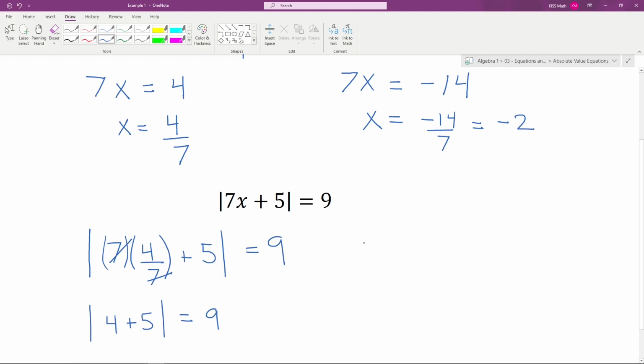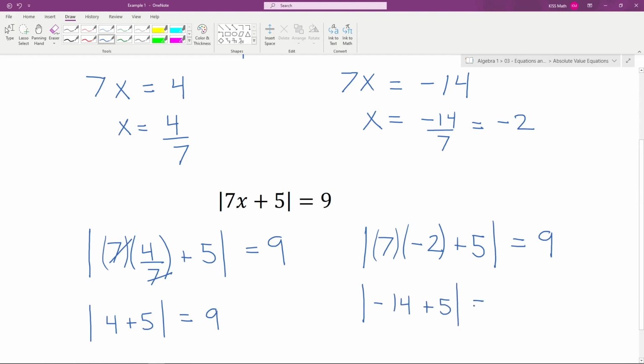How about on this side? We have the absolute value of 7 times negative 2, because that's this answer over here, plus 5, and that should equal 9. So we would have negative 14 plus 5, which is the same as the absolute value of negative 9.